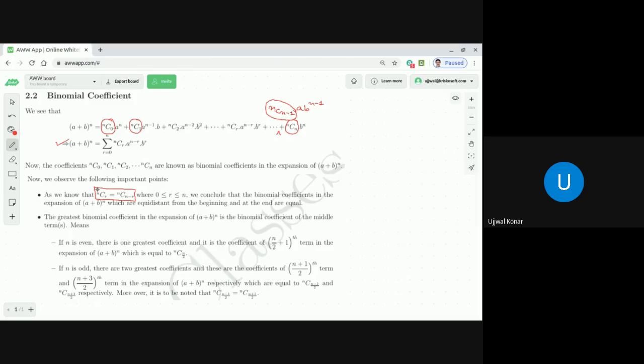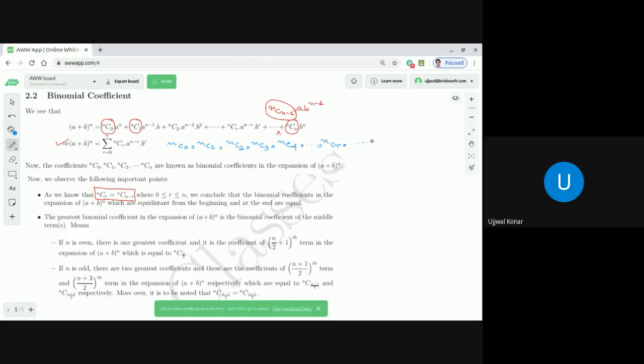That equality. What are the binomial coefficients? If we write the binomial coefficients, let me use a different color. They are something like this: nC0, then nC1. Let me write elaborately for a few steps: nC2, then nC3, then nC4. In that way you will get a term in between, that is nCr. Then the last term will be nCn.